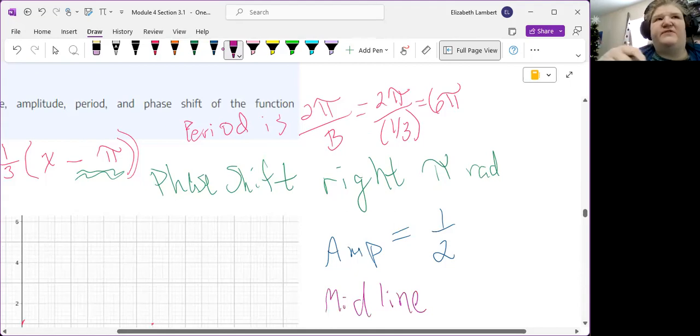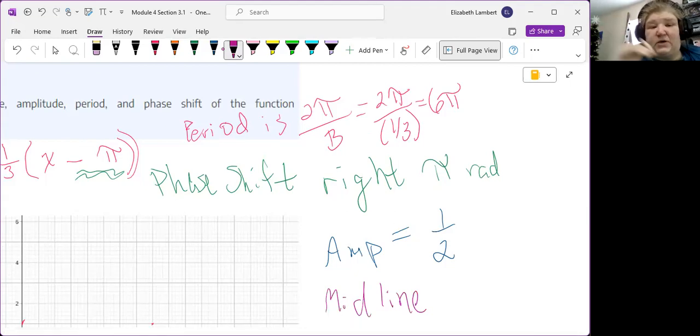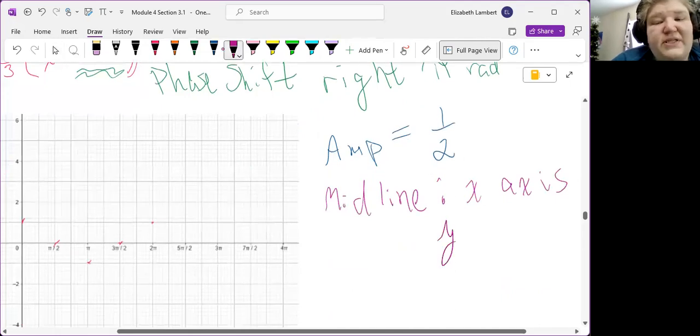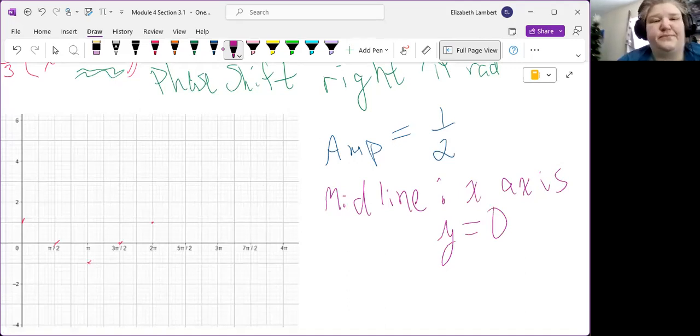So since this graph doesn't have a vertical shift up or down, the midline is the same as the original function, which is the x-axis. But the equation for the x-axis is all the points that share y equals 0. Okay.